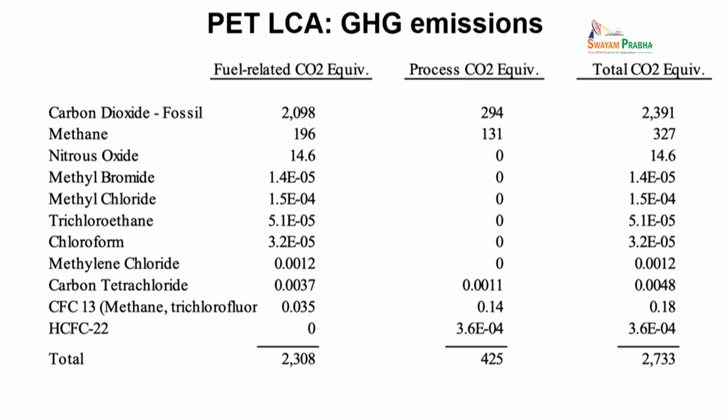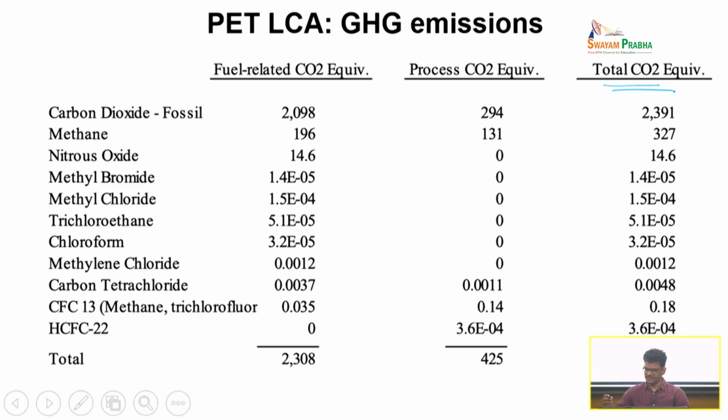So solid waste generated, energy consumed. Now comes the emissions. When you think about emissions, you can probably look at the last column. Everything is given in terms of total CO2 equivalent. I believe this is in kilograms. Everything is in kilogram.